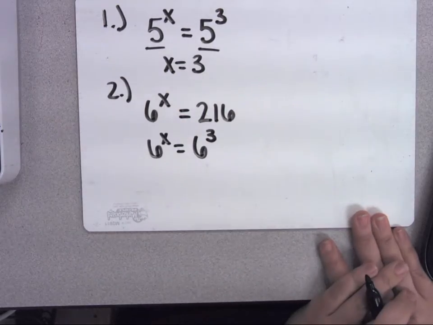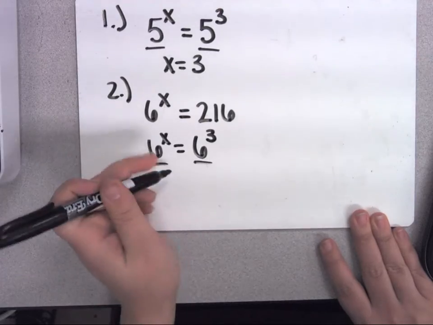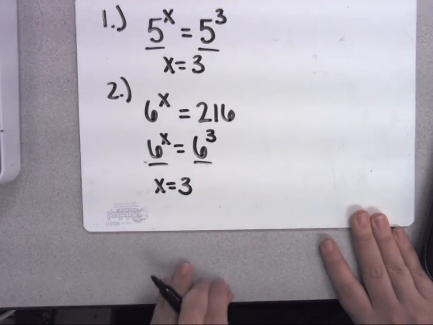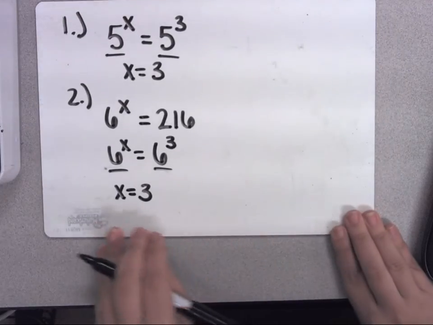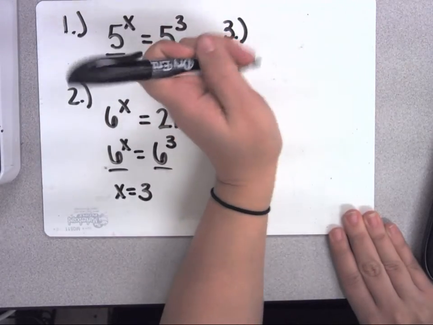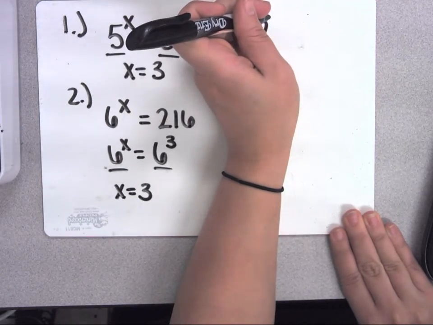Well, that's 6 to the third. Then, since my 6's are on both sides, they can cancel out. What does x equal? It equals 3. They'll show you the easy ones so you can do the solving equation ones.